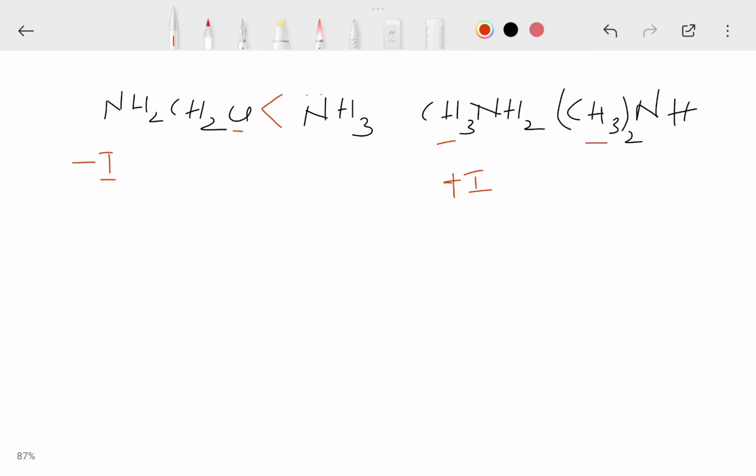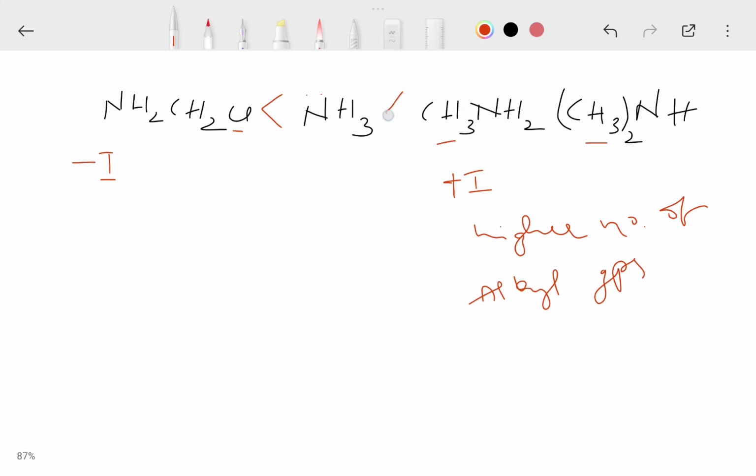The higher the number of alkyl groups, the greater will be the electron releasing effect, and hence it is the more basic compound.